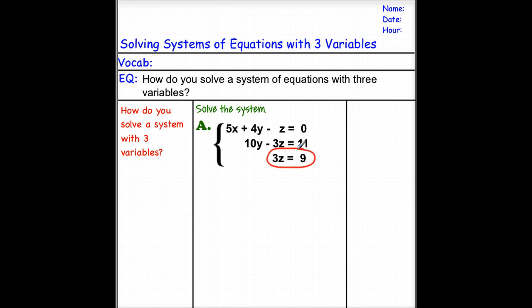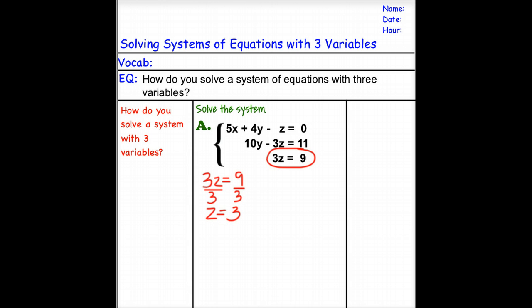The reason why is simply because we can solve that and already know what z is. So I will take that 3z equal to 9, divide both sides by 3, and get that z equals 3.